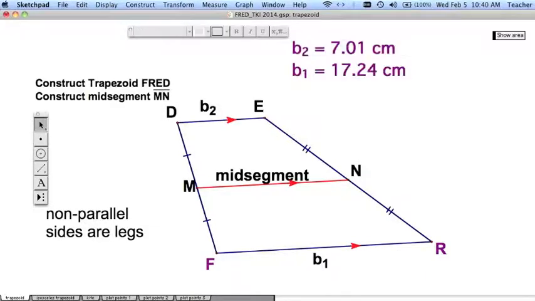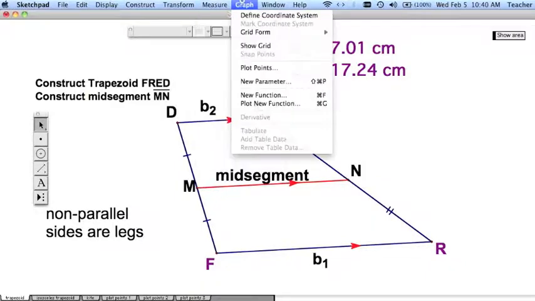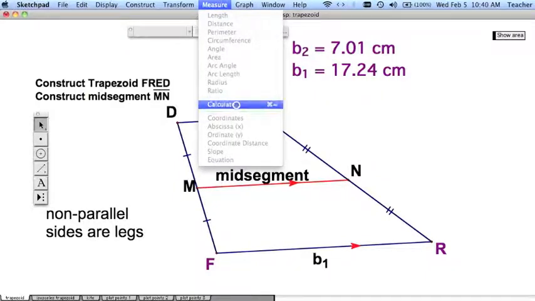Now, again, you're going to be in calculate. I want to take these two numbers and find their average. When I average two numbers, I'm adding the two numbers and dividing by 2. So go to calculate; mine is under measure.